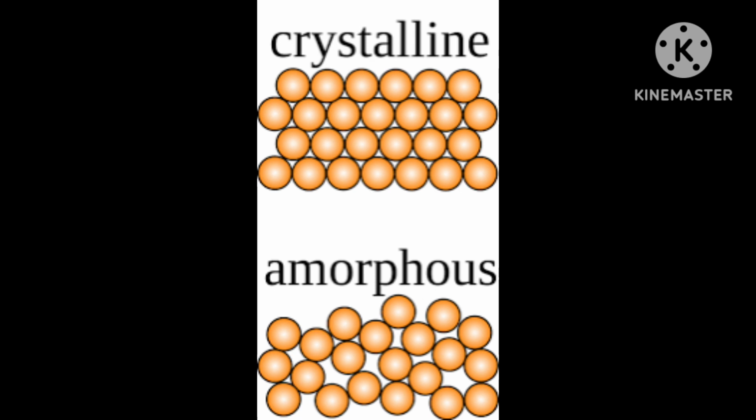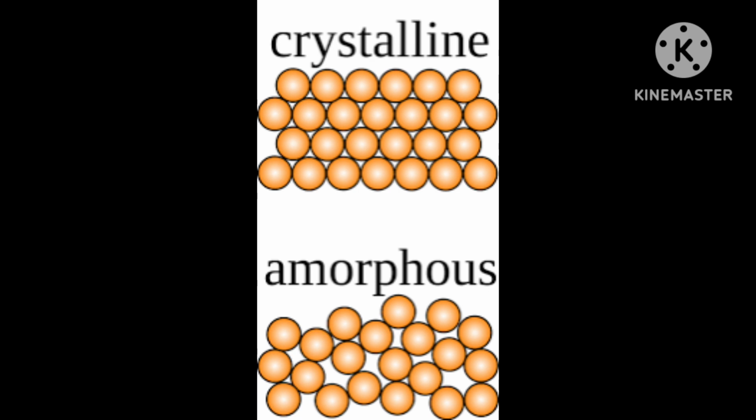Okay. Since the ions are not free to move about, they are electrical insulators, means current can't pass. They are electrical insulators in the solid state.